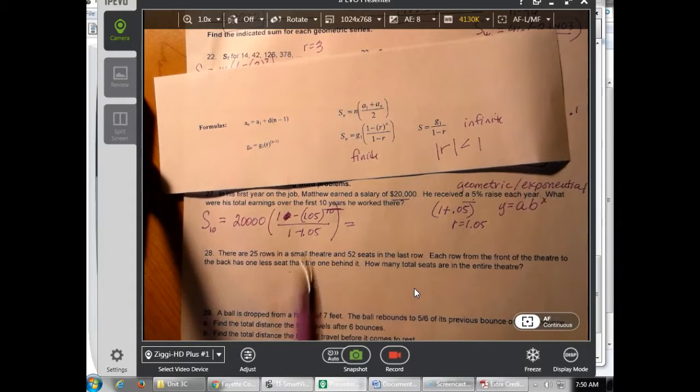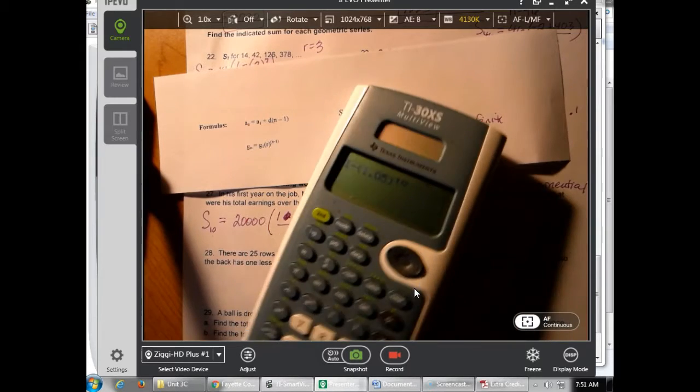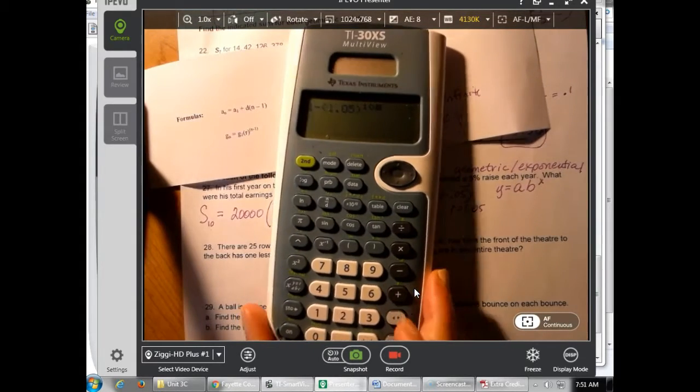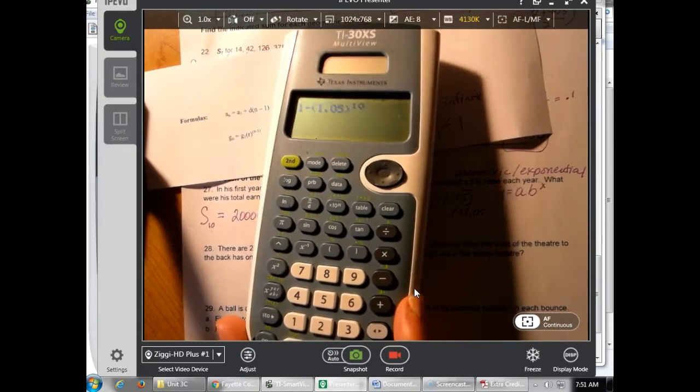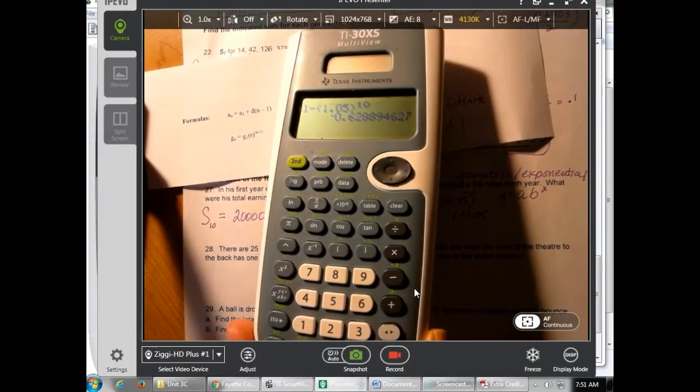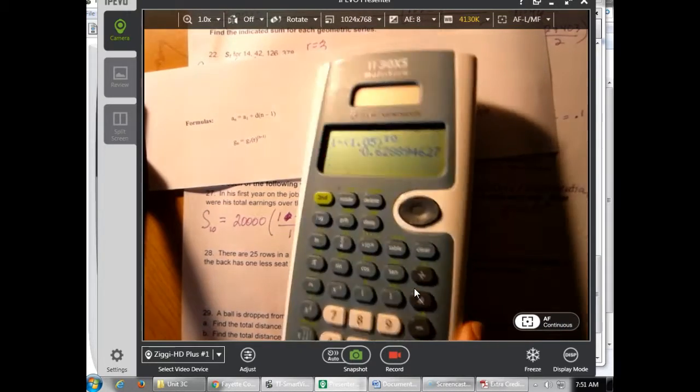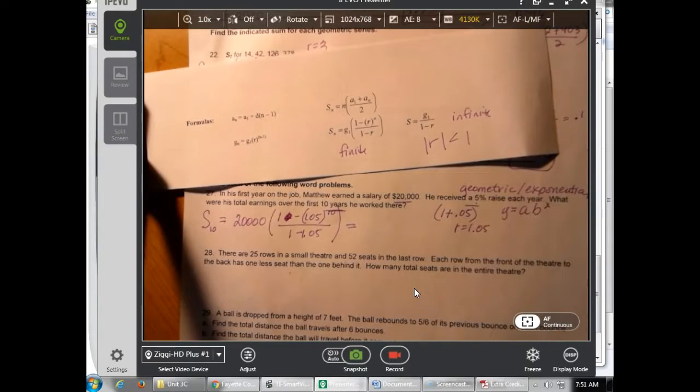So go ahead, I would suggest doing this in the calculator, like in the numerator. Do the numerator first. Okay, and I'll kind of just show you if you can see what I'm doing in my calculator there. Kind of hard to see. Okay, so you get that value, and then you'll divide that by 1 minus 1.05.